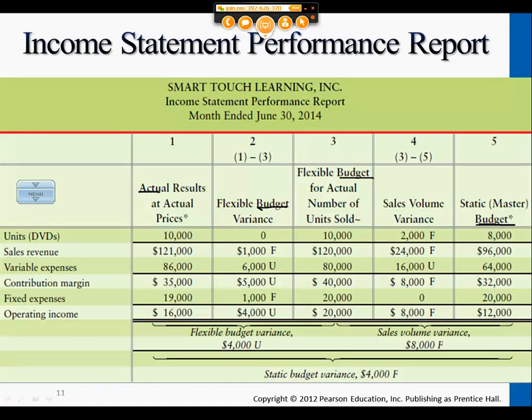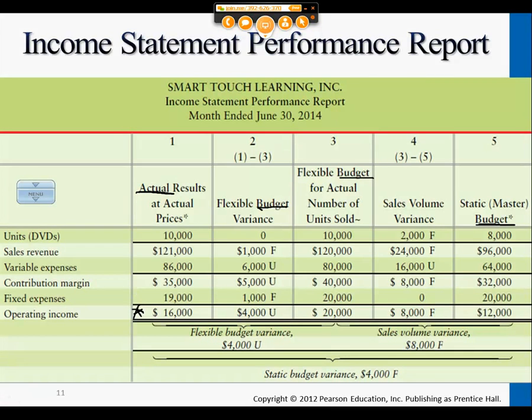This is your actual result for actual prices, derived by you from your actual sales and such. It's nothing projected. So in column 1, we have a performance report that shows actual results. We have these 10,000 DVDs that are actually sold, and therefore my operating income is 16,000. Great.